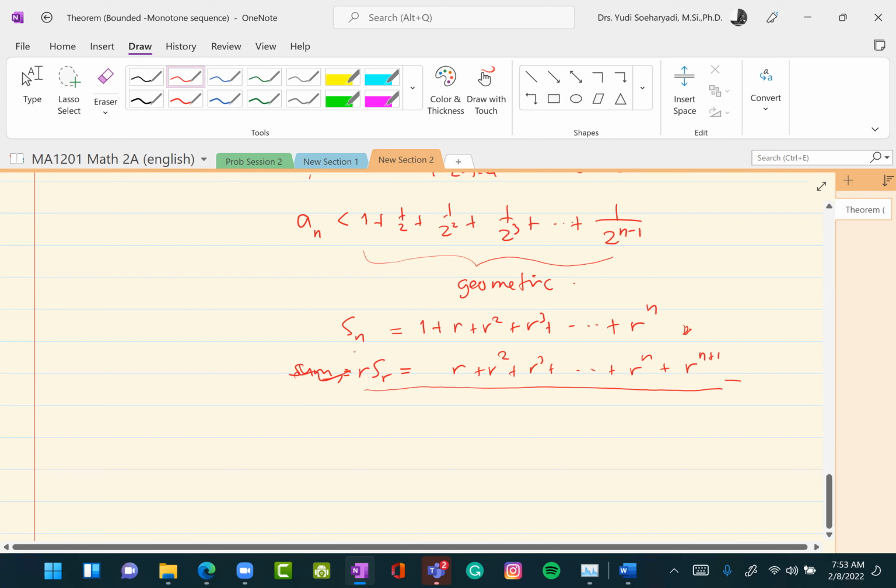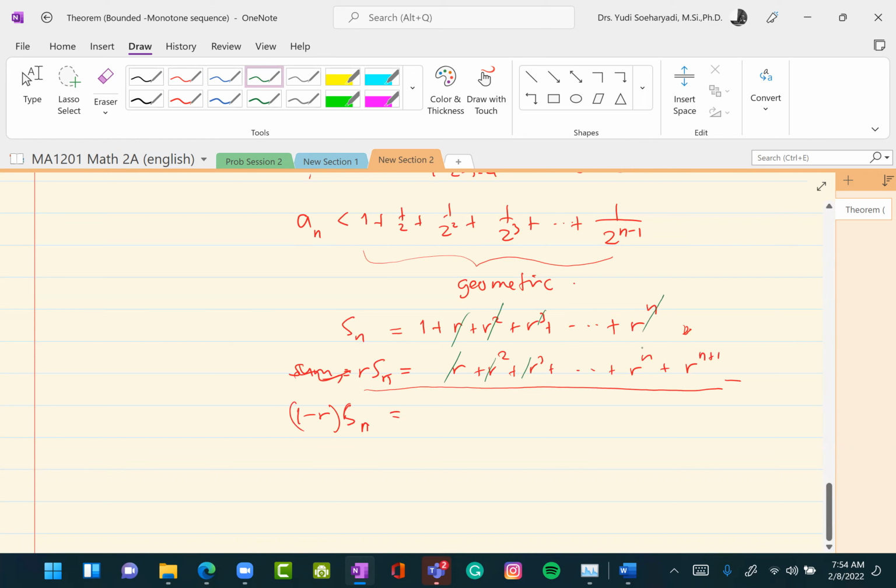Okay, so you subtract. You factor Sn out. See, a lot of terms just cancel out. This cancels, this cancels, this cancels. So you end up with just the first, and then subtract the last one. Okay, so you get this and the sum.